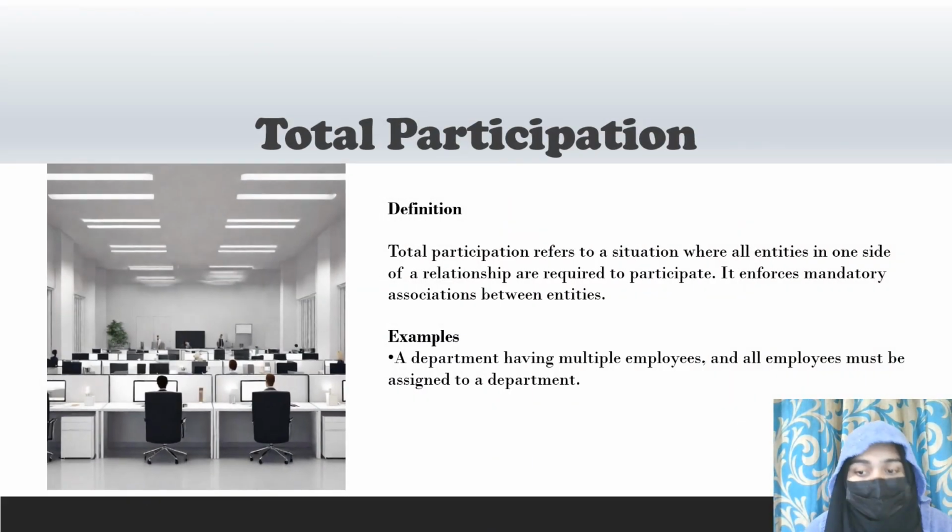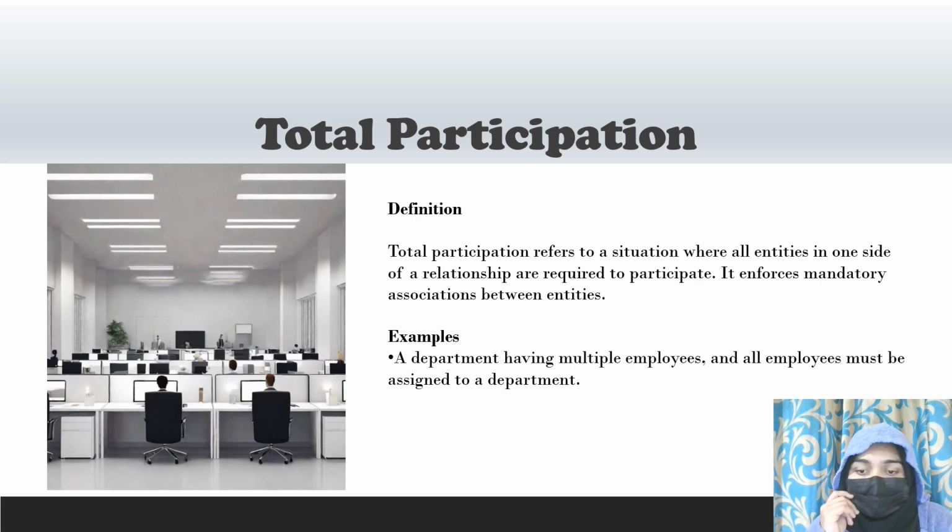Moving to total participation. The definition: total participation refers to the situation where all entities on one side of the relationship are required to participate. It enforces mandatory association between the entities. For example, a department has multiple employees, and all employees must be assigned to a department.